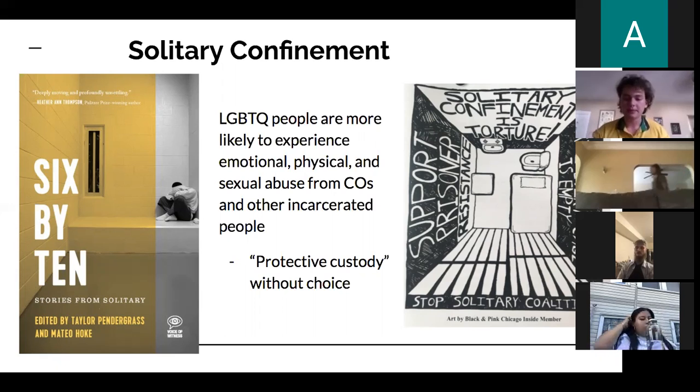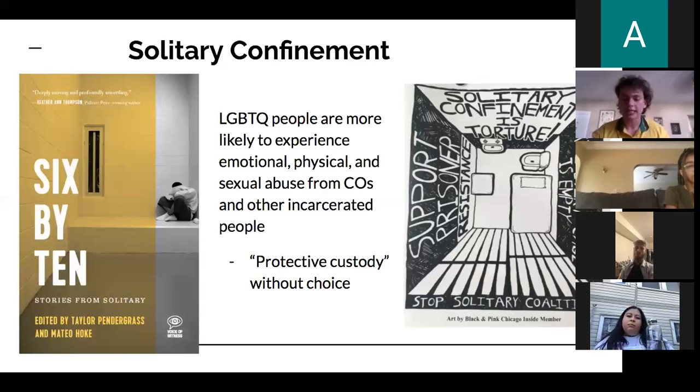The book 6 by 10 is a compilation of essays written by people who have experienced solitary, their family members and loved ones, and also correctional officers who worked in solitary. It really shows the immense harm that solitary confinement causes on people who experience it and also those around them.